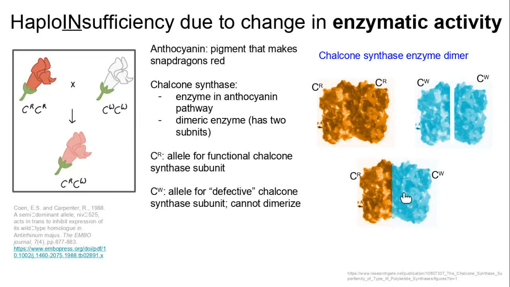And when you have an enzyme that is partly functional, you get this, or if it was a monomer, maybe you just don't make enough of the monomer to make enough pigment. So in this case, the enzyme is partly functional, specifically for snapdragons. That's what that flower is.